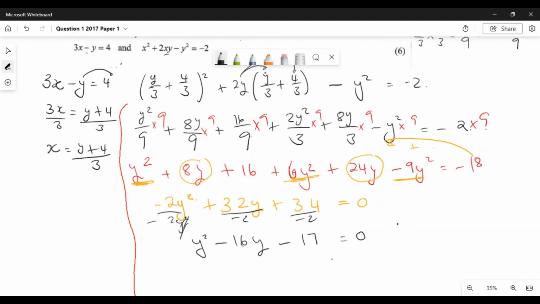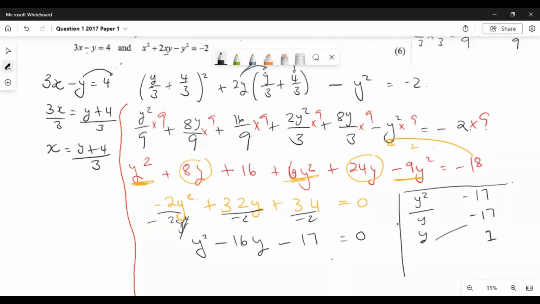So we're going to go ahead and find factors. Now, factors, again, need to add up to that. So for our y squared, we're going to have y and y. And for our negative 17, we can have a negative 17 and a positive 1. When you multiply these two together, they give us a minus 17.